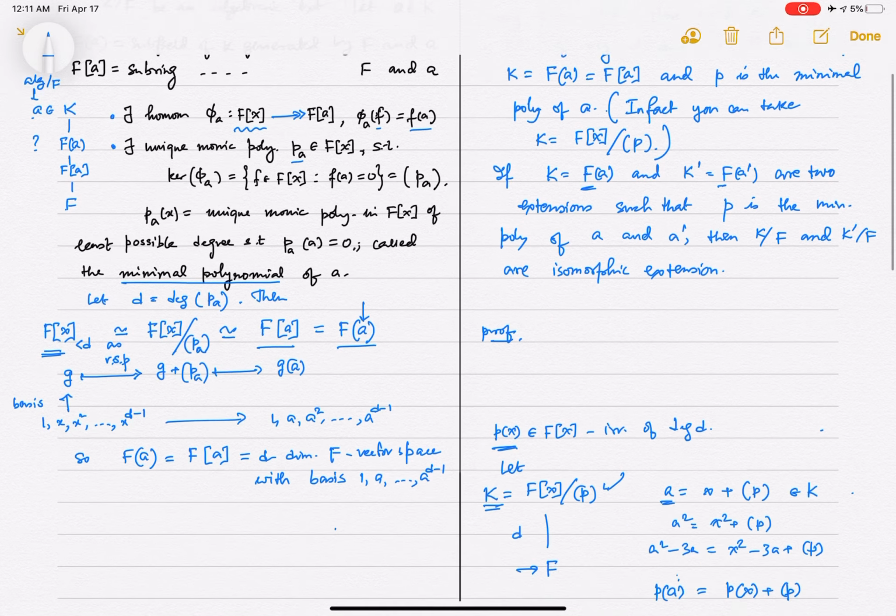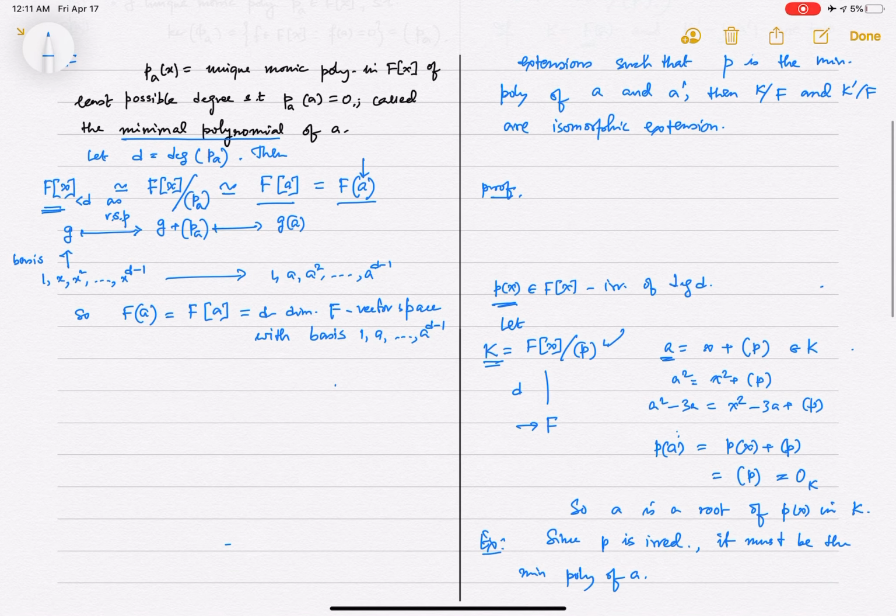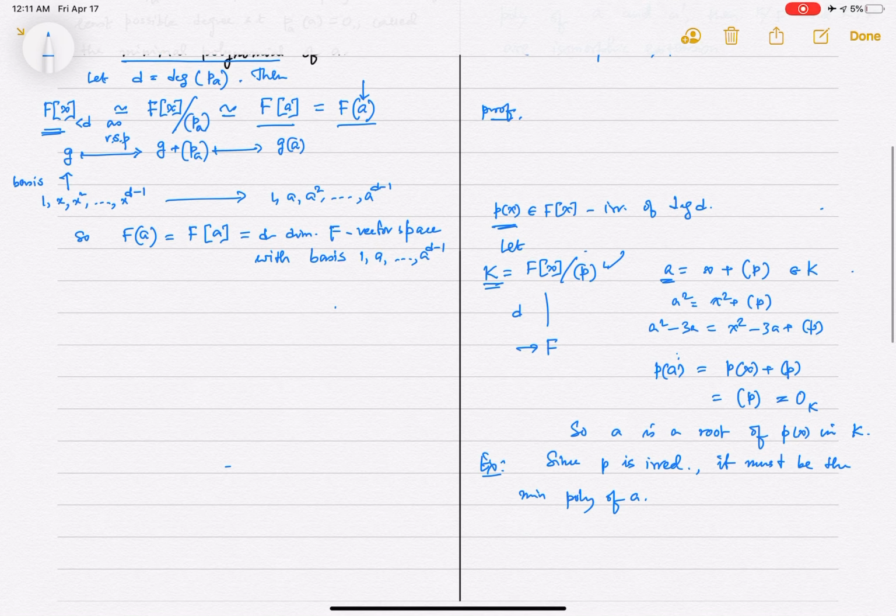That's nothing much. Okay. And then it follows that this is the same as F[a], which is the same as F(a). And it's the same as what you get by adding things up to degree d minus 1.